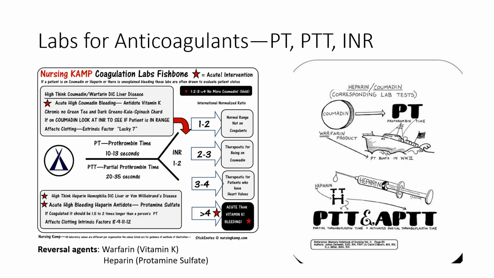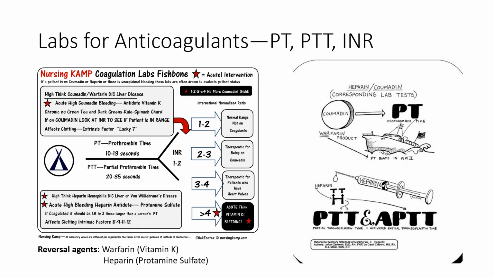So when we look at labs, we have to think about what is going on with this patient. Are they on an anticoagulant? If they're on an anticoagulant, we would want their blood to be thinner than someone that's not on an anticoagulant. So what is normal for one person may not be normal for another person.